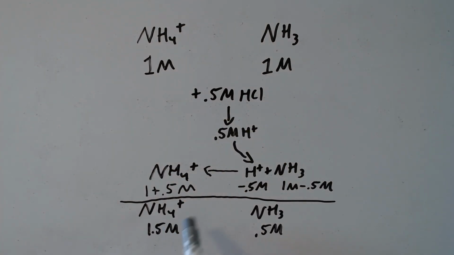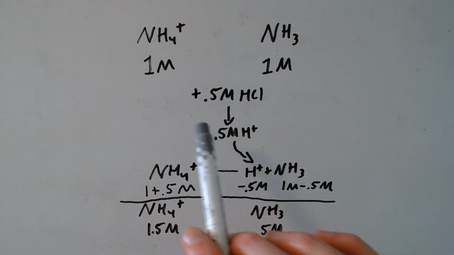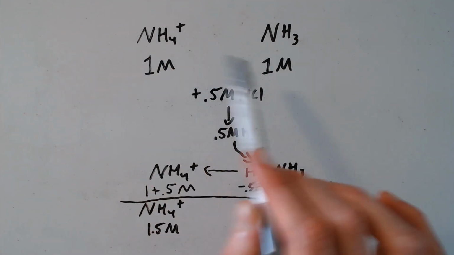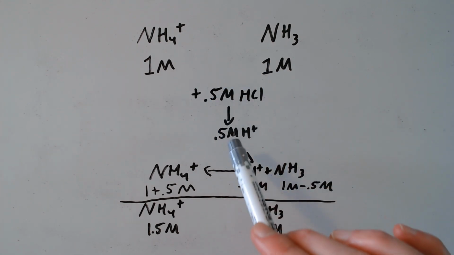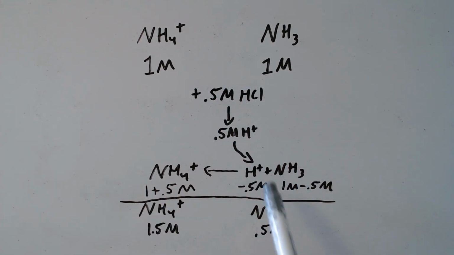It's slightly more acidic because we have some more NH4+ forming, but it didn't really change by much because NH4+ is such a weak acid and NH3 is such a weak base that they don't really change the pH when their concentrations change drastically. So again, just to recap, after we added the strong acid, it caused a regular stoichiometric change in their concentrations.